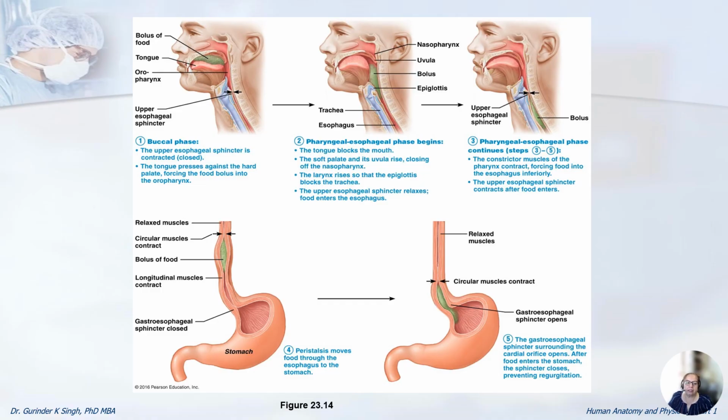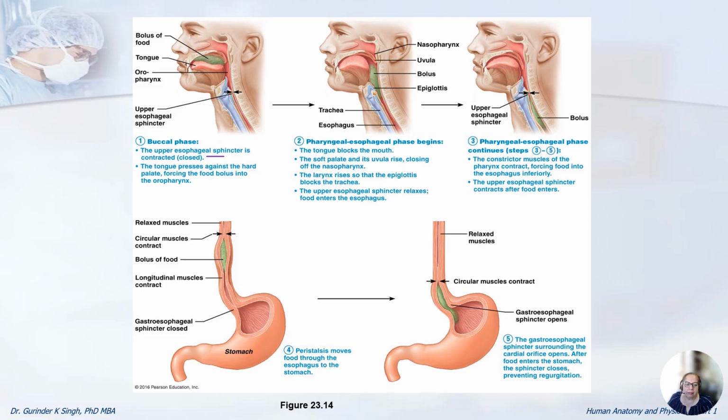All right, so let's look at the steps in detail. Okay, so in the buccal phase, which is phase number one of deglutition, your upper esophageal sphincter is closed.